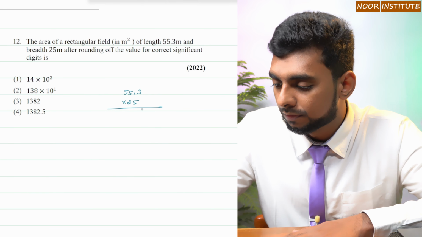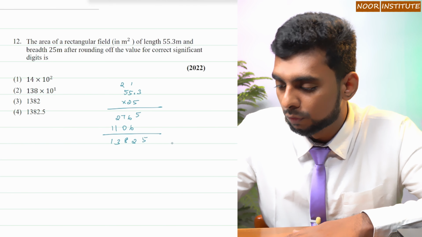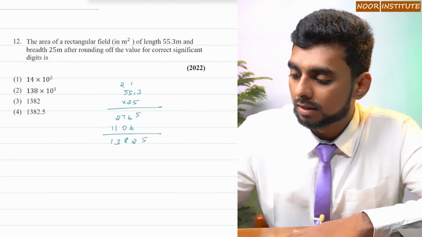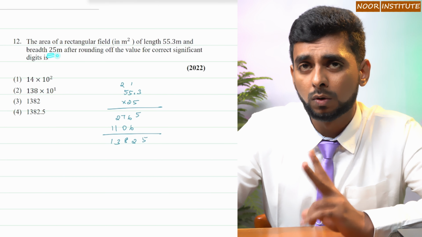So you'll have 5, 2, 8, 3, and you have 1, 3, 8, 2, 5. The significant figures are just two, because the number with the lowest significant figures has only 2. Therefore, I have to round up the answer to two significant figures.